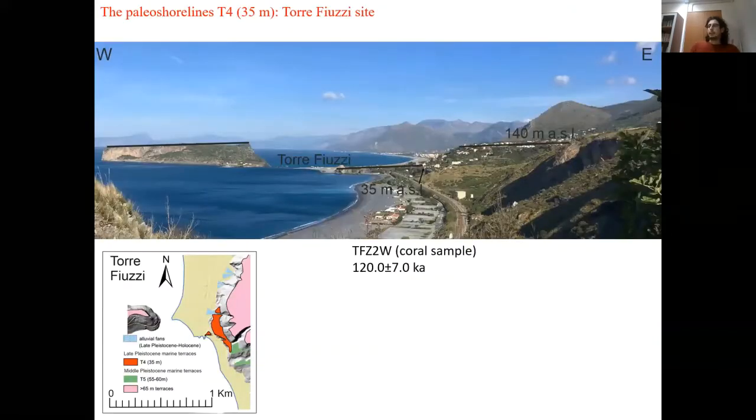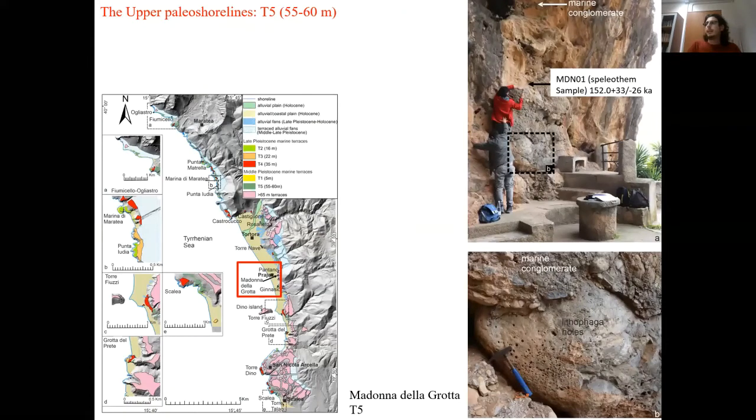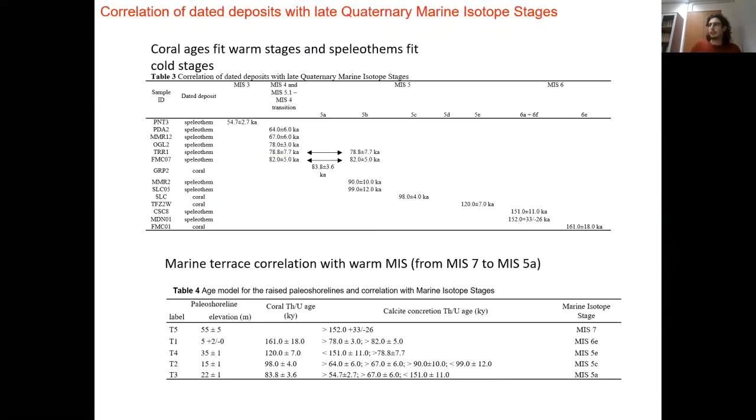And then in the Torrefutes area, we dated corals at around 35 meters. Finally, the upper paleo shoreline, T5, we have speleothems that cover a marine conglomerate and Lithophaga holes, and also in this case the speleothems were dated.